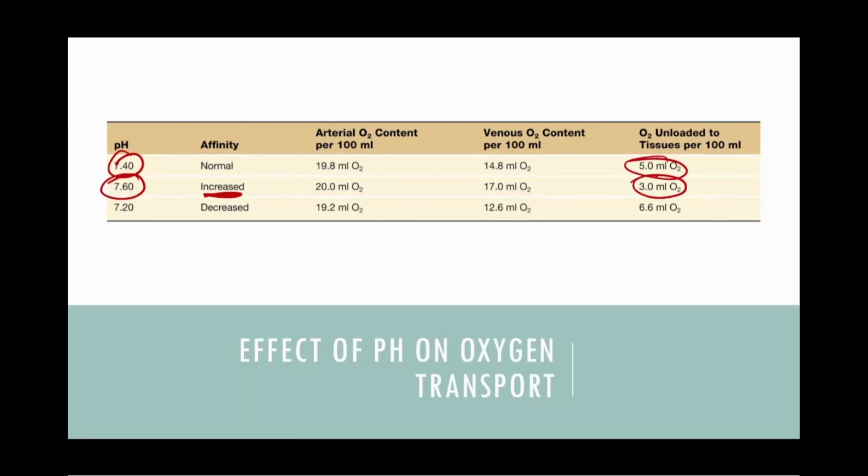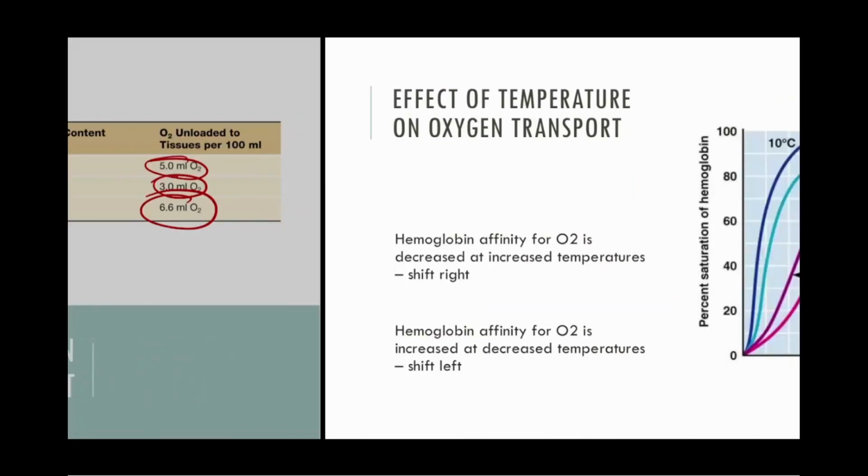Extraction is only 3 because the hemoglobin had a high affinity and it held onto the oxygen molecules longer. 7.2 pH. Very acidic now. So acidosis decreases the affinity for oxygen, so it's going to unload oxygen easier at the tissues. And you can see that unloading goes up to 6.6. So again, just showing you, as you alter pH, what happens to the affinity for oxygen.